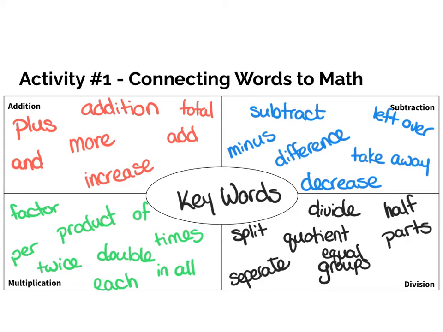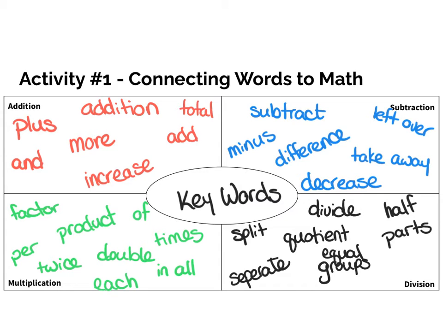Some words for multiplication, I asked you to come up with some of your own, but some of the ones that you could use are product, of, per. The words twice and double imply that you're going to multiply by 2, so I've included those. In all or each, those words all mean multiplication. And then there are some division words that I wanted you to take note of.